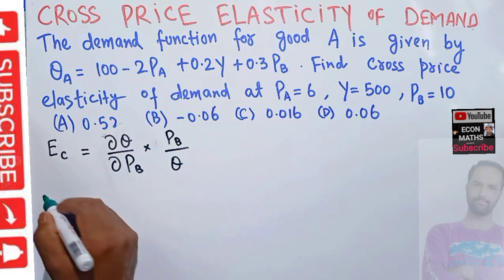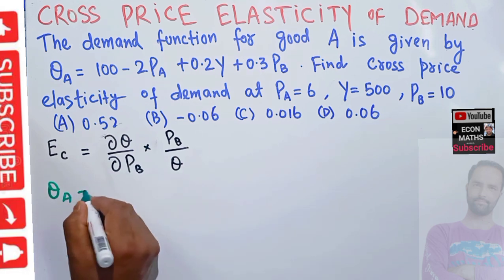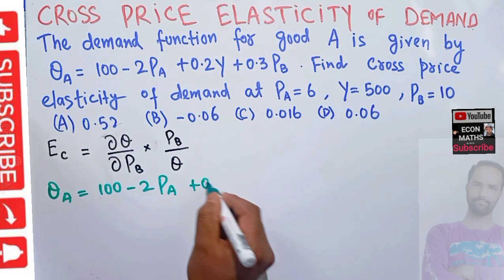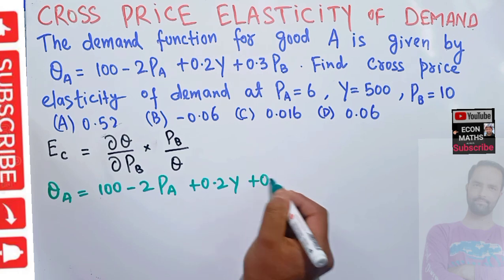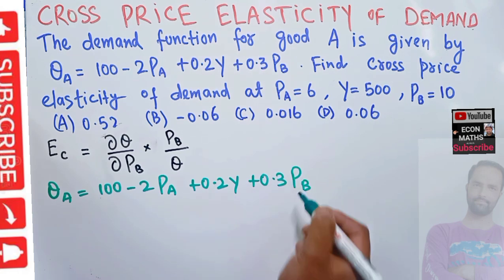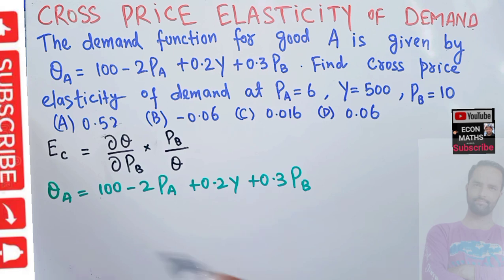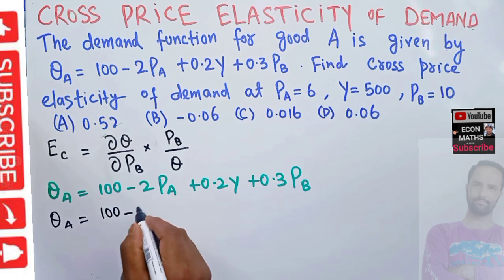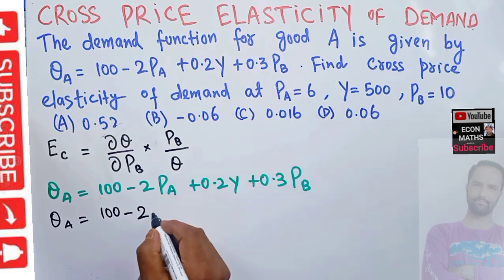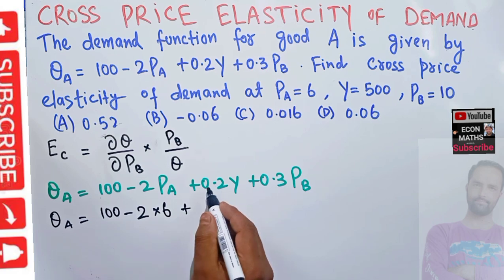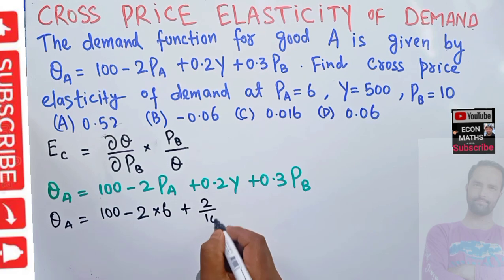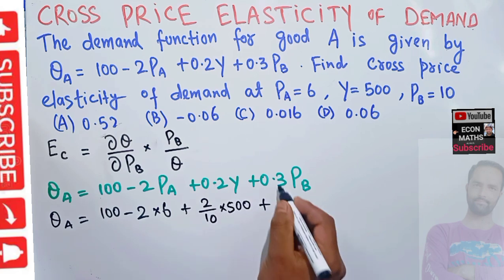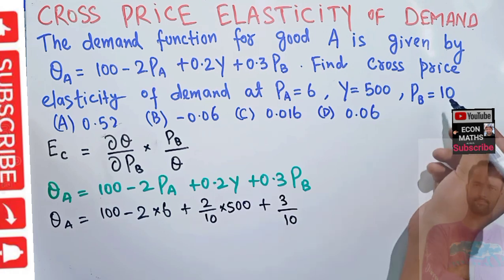So what we have been given is QA equal to 100 minus 2PA plus 0.2y plus 0.3PB. Let's put in the values. QA, quantity demanded of good A, will be equal to 100 minus 2 times the price of good A, which is 6, plus 0.2, which can be written as 2 upon 10, times income 500, plus 0.3, which can be written as 3 upon 10, times price of B, which is 10.